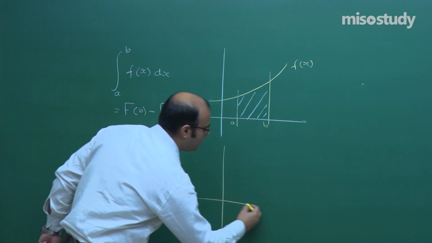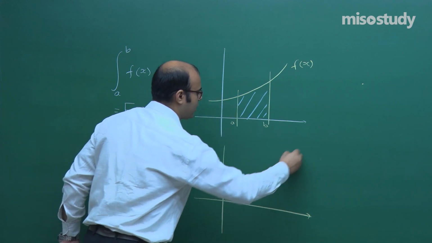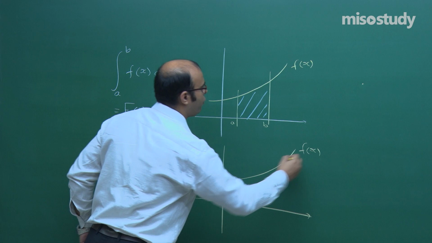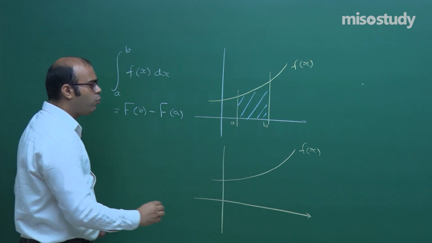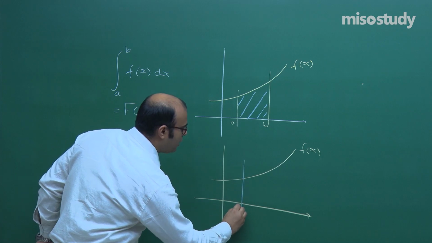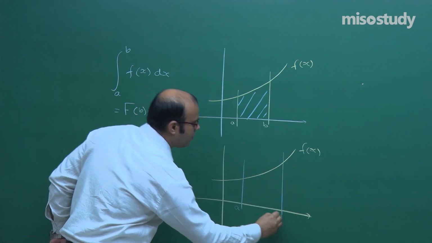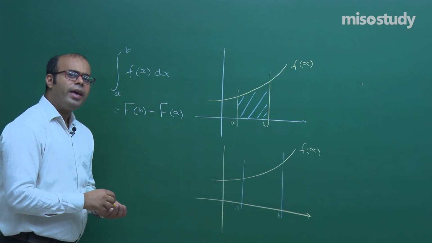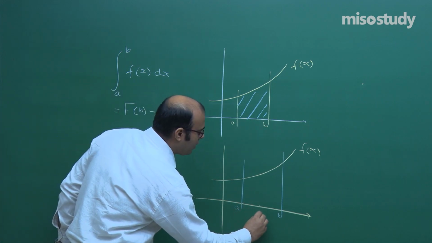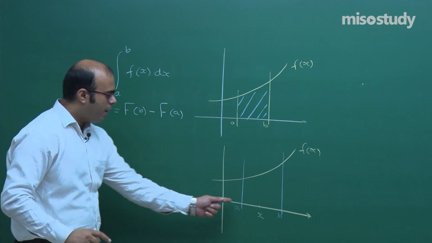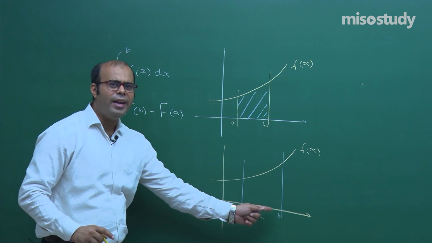I am drawing the same function f(x) here, and instead of taking the integration from a to b, where a is this and b is this, I am taking a value x which is somewhere between a and b. So let us suppose x is here, and this x can move anywhere.